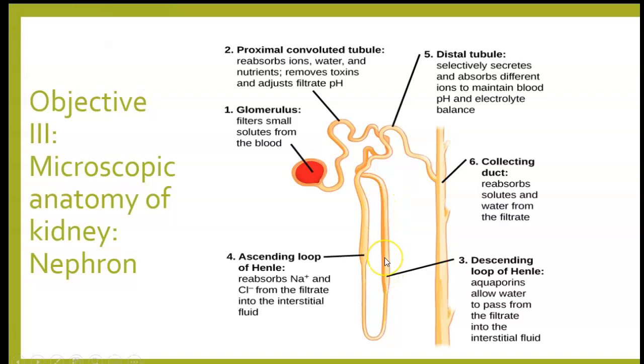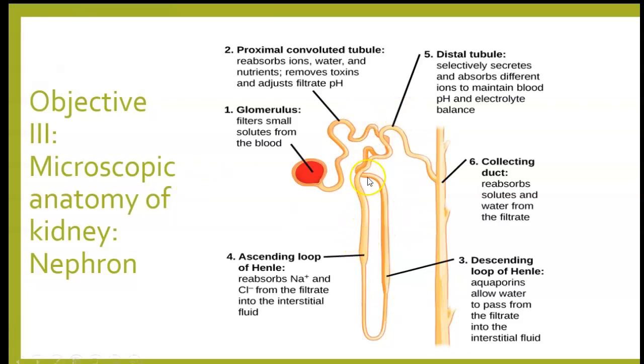This is going to allow water to pass from the filtrate into the interstitial fluid. Then it's going to loop down below and go up the ascending loop of Henle. This job here is to reabsorb sodium ions and chloride ions from the filtrate into the interstitial fluid, the fluid that's surrounding the different cells.